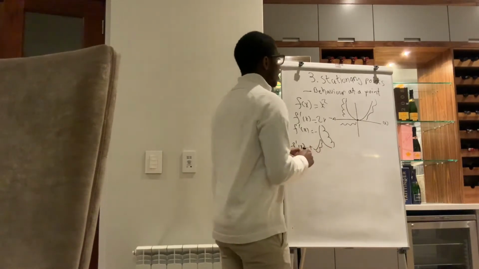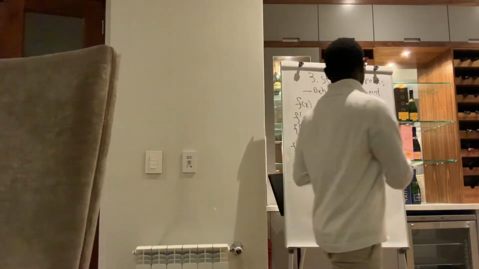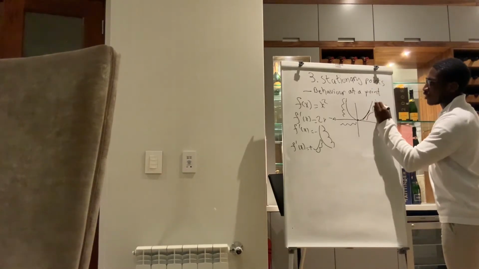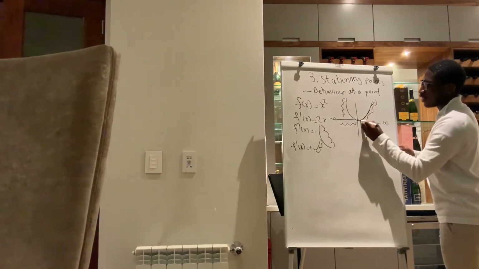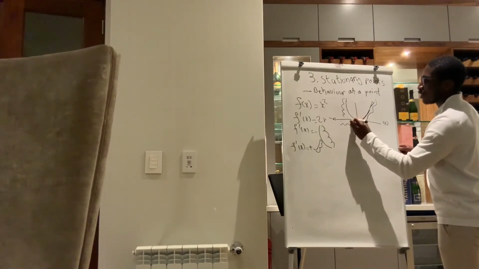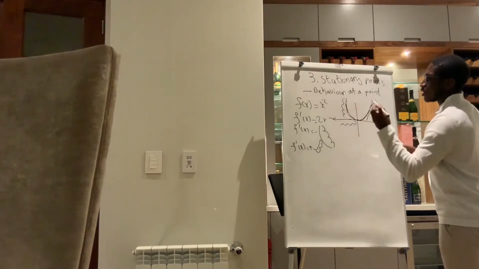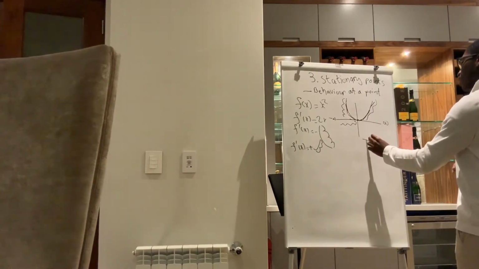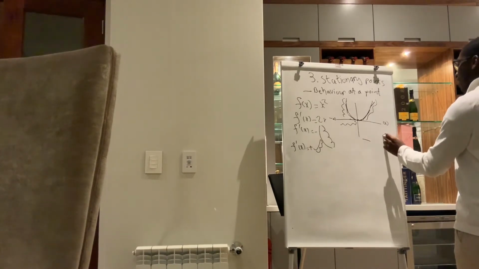In other words, if I had to draw several tangents, see, there's a tangent, there's a tangent, there's a tangent, there's a tangent, there's a tangent, there's a tangent. Here you can see the tangents on the left are like this, and the tangents on the right are like this.